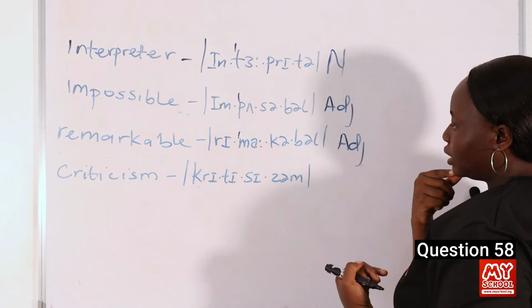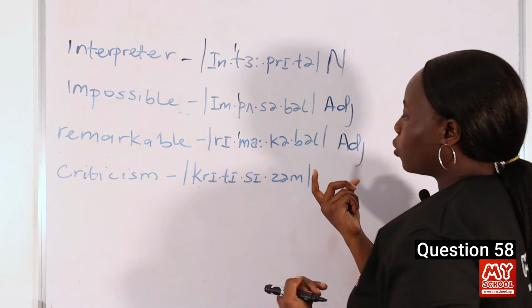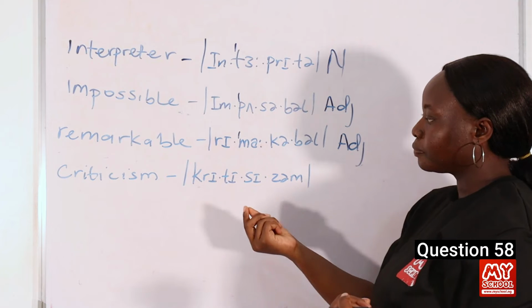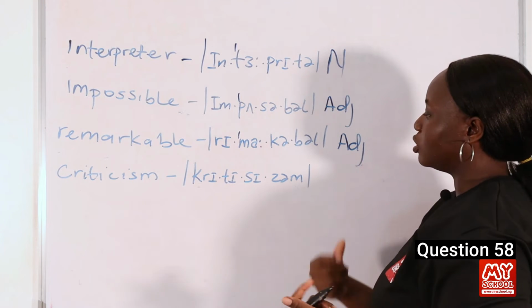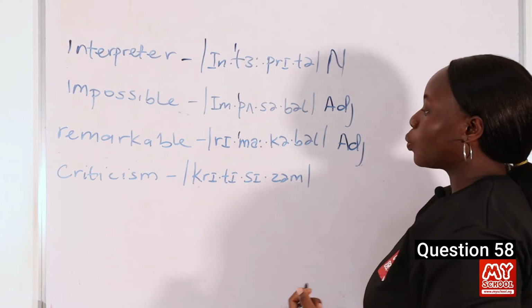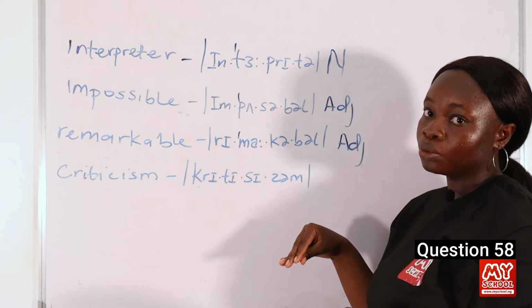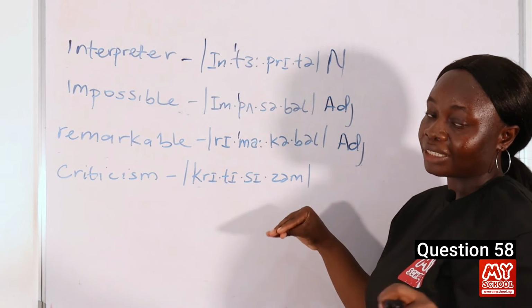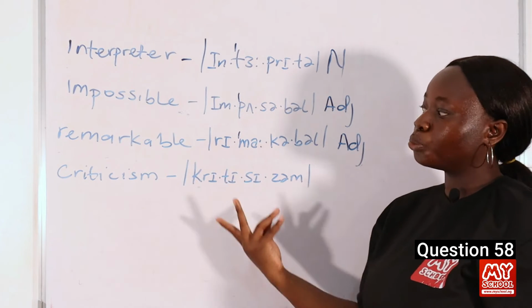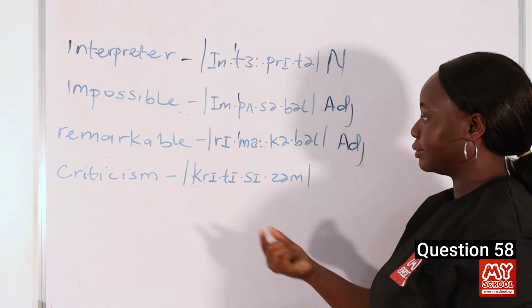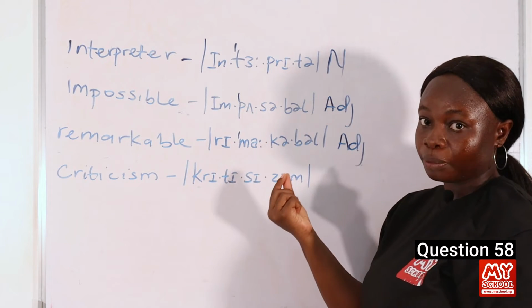Then lastly, we have criticism. This one's a little bit different because this time around, we have weak vowels in all of the syllables in the word. And so when we have weak vowels in all of the syllables, we go back to our normal rule. We act as though it has all strong syllables. The rule for nouns is that the stress is placed on the first syllable, right?